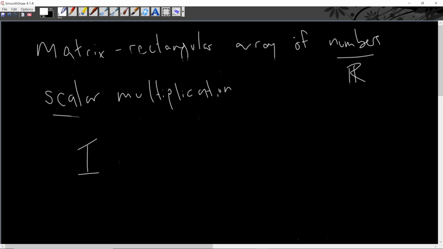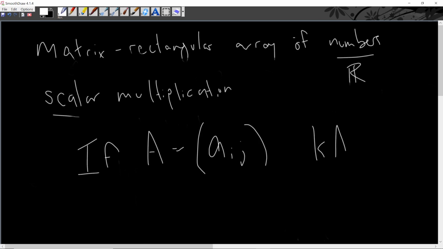If big A is all of the elements a i j, and k is some type of scalar, then k times A is the product of k times every individual element a i j. So let's go back to our 3, 1, 2.